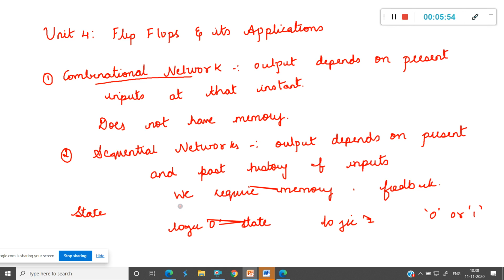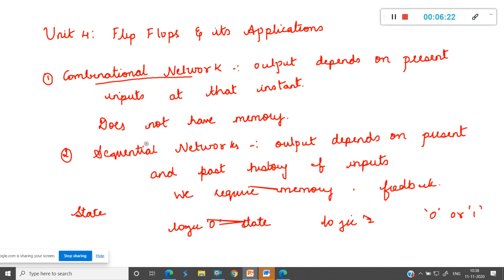So let me talk about the flip-flop. What is a flip-flop? A flip-flop is a bistable logic element which has memory. It is a bistable element in which we have two logic states, logic 0 and logic 1. In order to preserve the states, or the inputs or outputs, we should have memory.